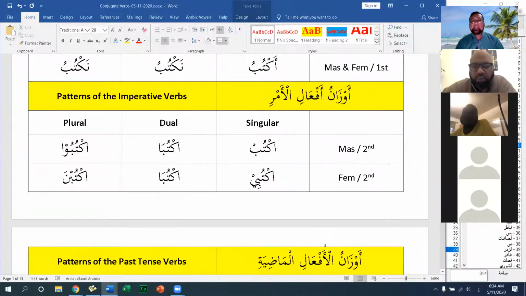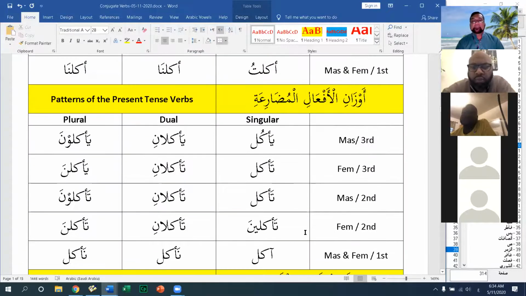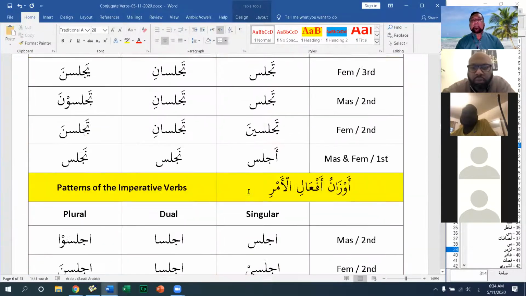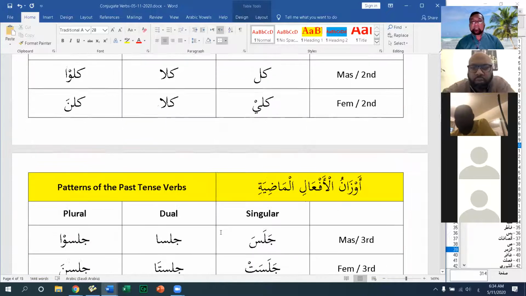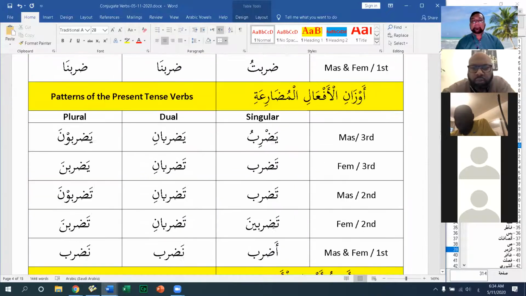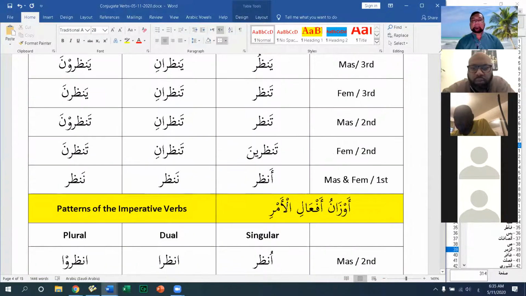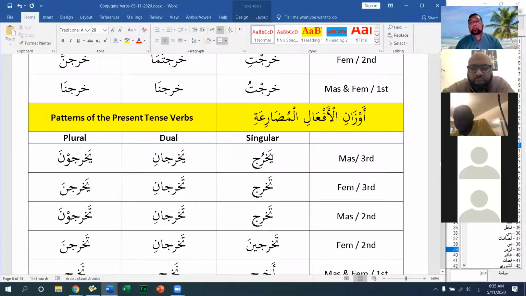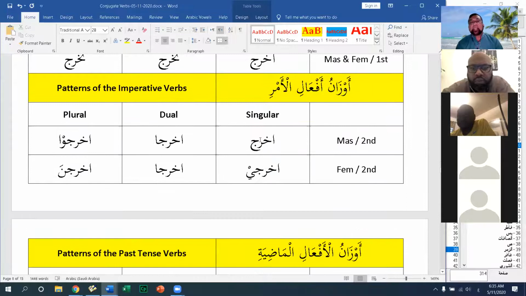For example, if we were to use the verb kharaja, did I just pass that? No, I didn't. Kharaja yakhruju. Here, it would be kharaja yakhruju, ukhruj.